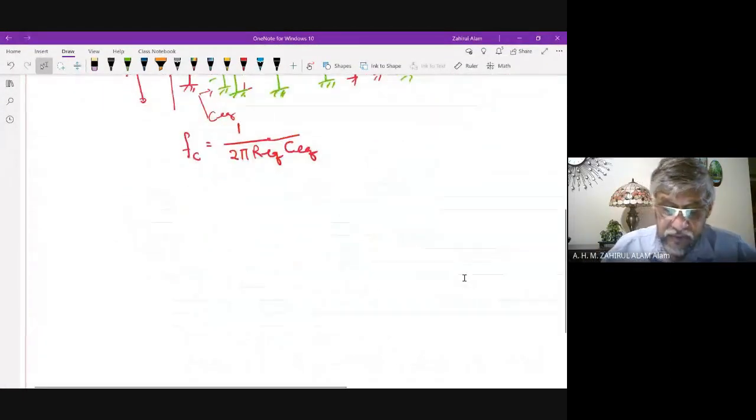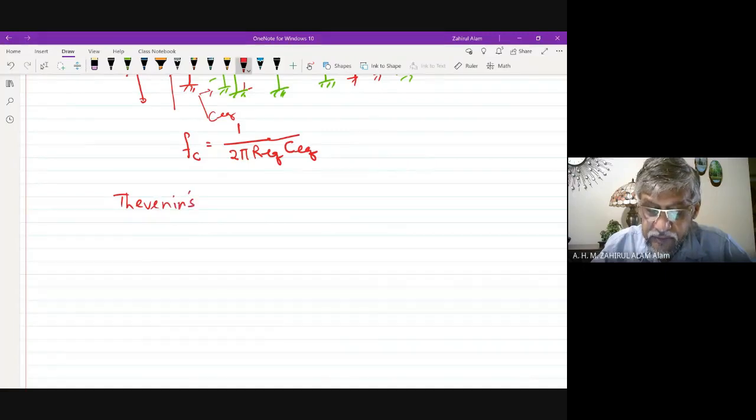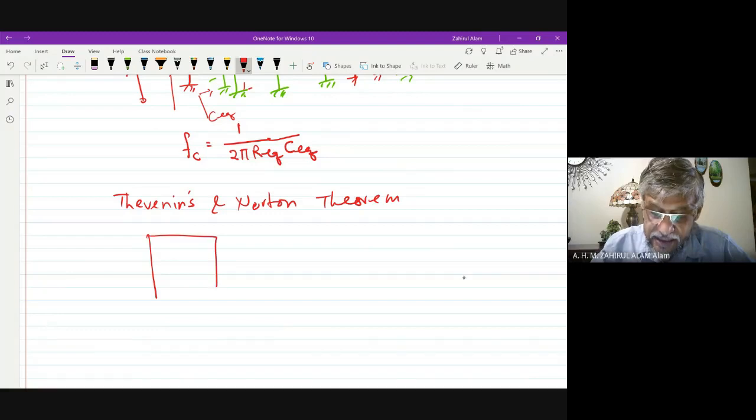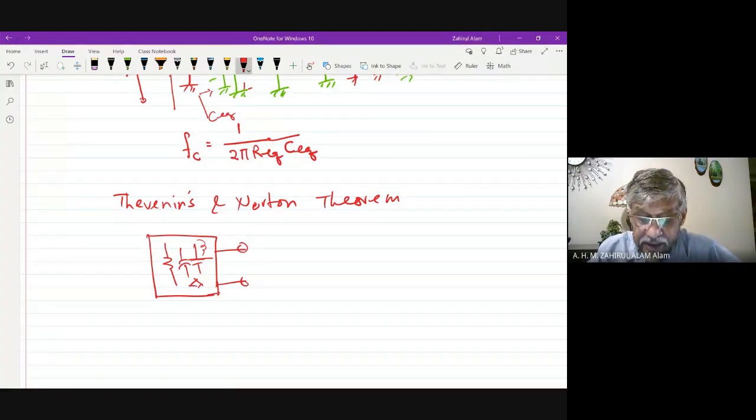Last time we studied Thevenin's theorem. What is Thevenin's theorem? Thevenin and Norton. What does the Thevenin and Norton theorem state? Any two-terminal network has many components: voltage source, current source, capacitance, inductance, inside this box.